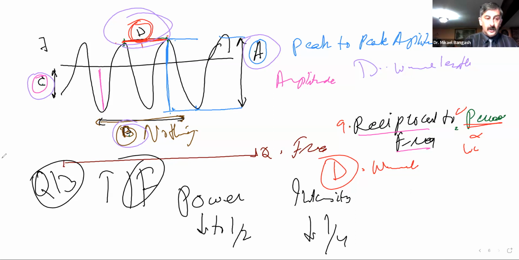Because what I said yesterday is that, as far as the relationship between power and intensity, they were directly proportional with no squares, no cubes, nothing. So if the power reduces to half, then the intensity is also going to reduce to half.